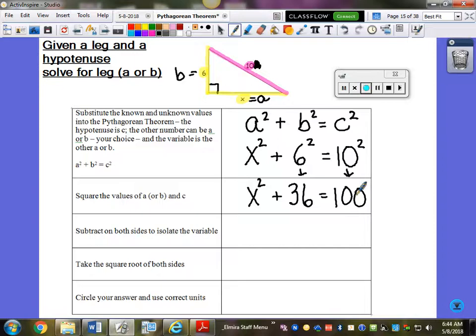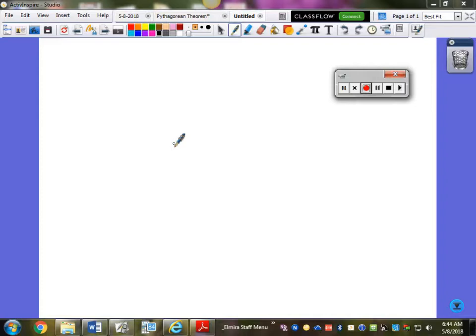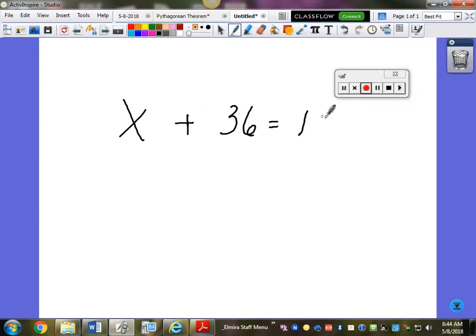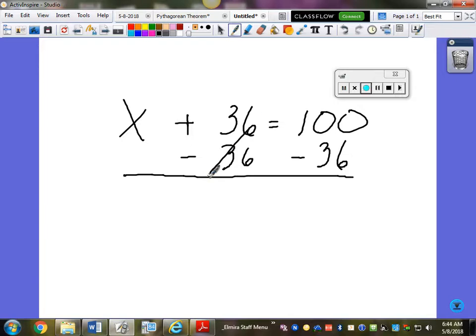I want you to think about if we were solving any old equation and it was x plus 36 equals 100, we would subtract 36 on both sides. And x would equal 64. The only difference is x isn't just an x this time, it has a square to it. So we're just going to carry down an x squared instead of an x.